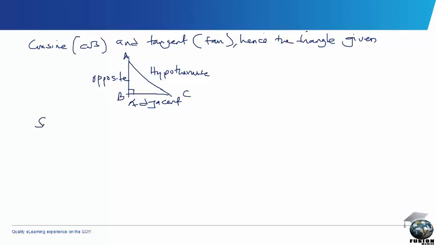The sine is given to be equal to the opposite side all over the hypotenuse side.